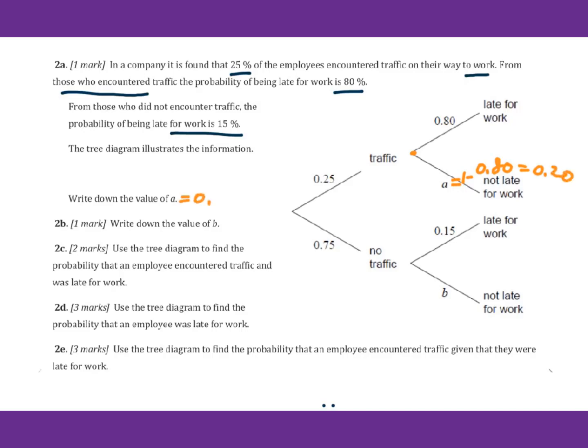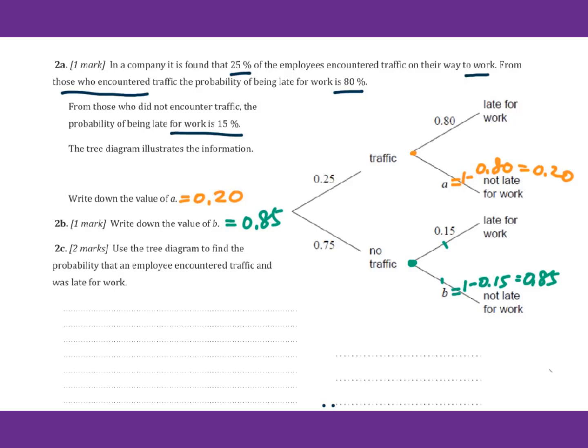So A equals 0.20. For 2B, find the value of B. From this point, we have these 2 as a branch. So adding equals 1, which means 1 minus 0.15 equals 0.85. B equals 0.85. Let's go to 2C. Use the tree diagram to find the probability that an employee encountered traffic and was late for work.